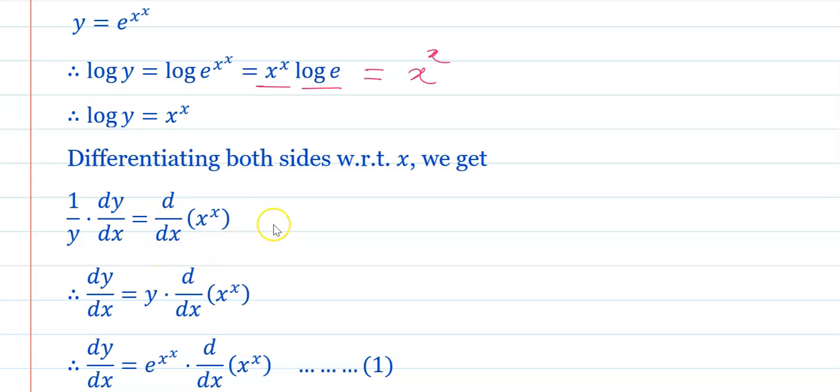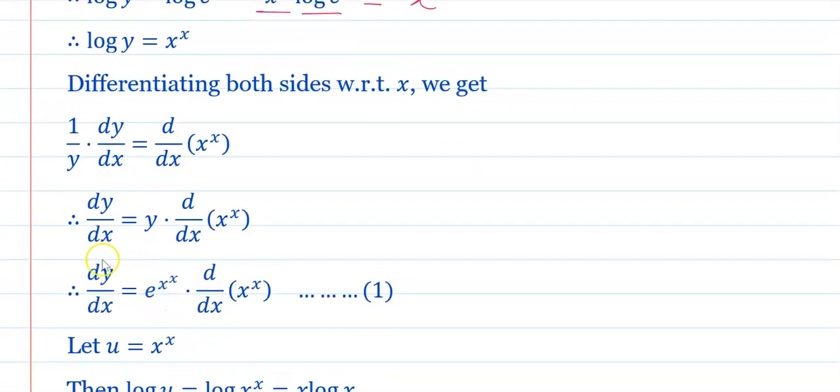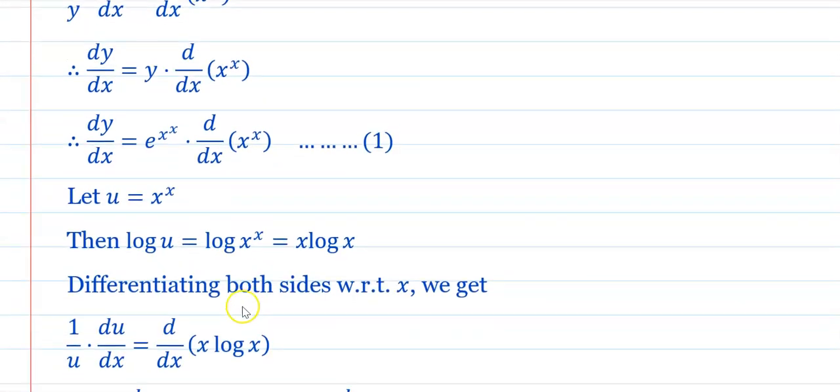Again, while finding this derivative, this 1 upon y, when it goes to the other side, it gets multiplied. Therefore dy by dx is equal to e raised to x into d/dx of x raised to x. Now, to find the derivative of x raised to x, again we have to take the log here. Log of u is equal to log of x raised to x, that is x into log x. Now differentiate this again with respect to x.